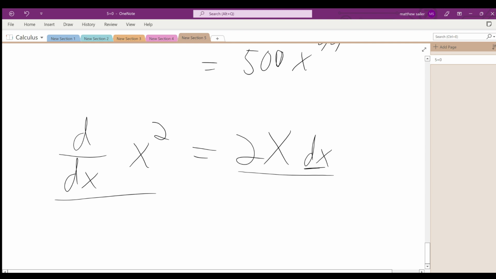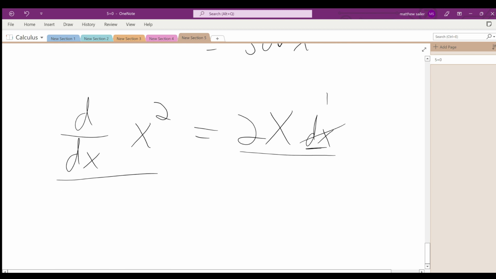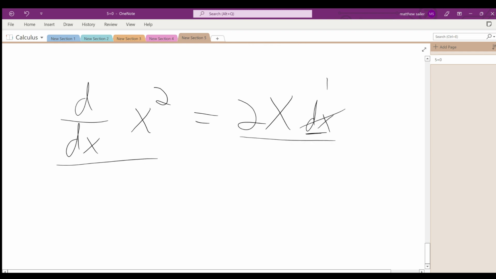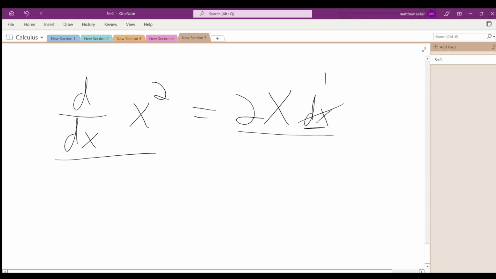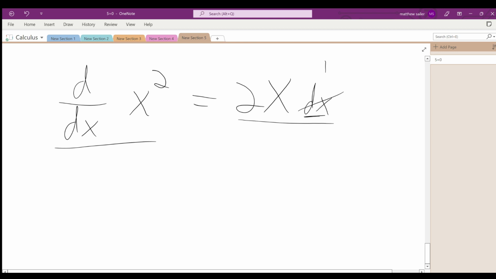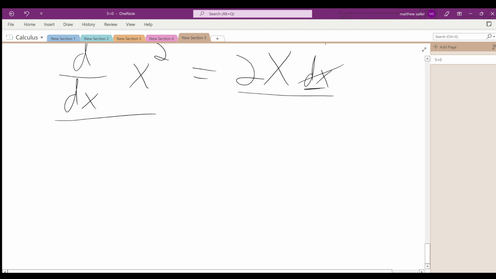Now before we said the derivative of x is 1, so in reality this dx is almost always going to go away. So the answer is still going to be 2x, but you want to keep that dx there for a later rule called the chain rule. So just for now, accept it and get used to writing dx, or d whatever variable it is that you're using.